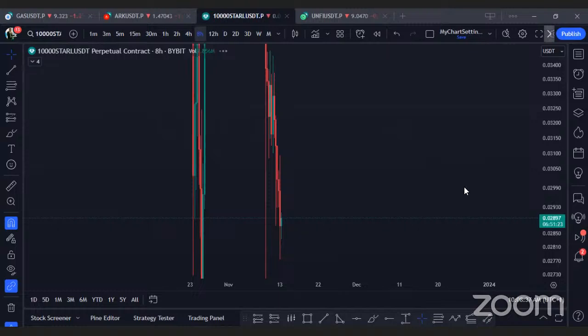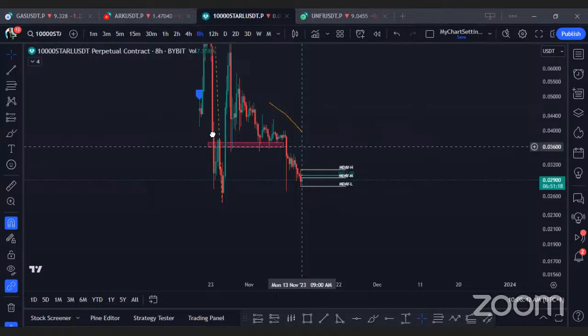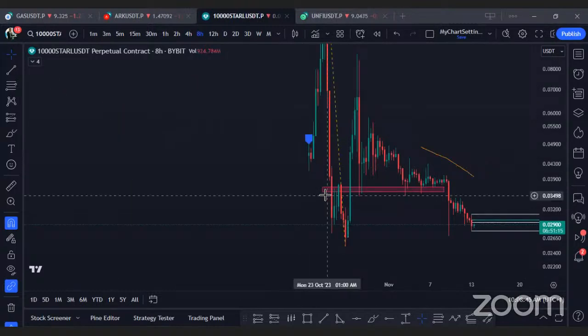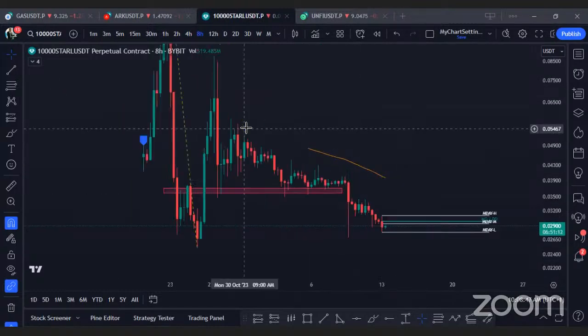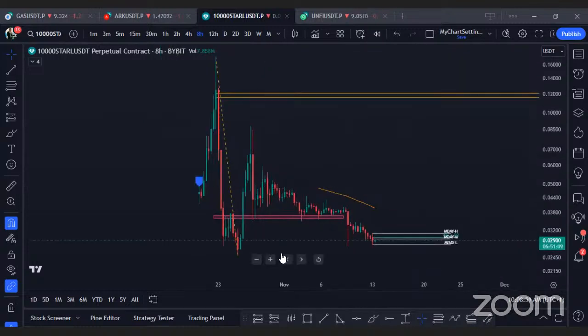It's not doing anything at all. I don't know why. I've been looking at and anticipating a pump for this particular token, but it's not doing anything. Look at that, guys.